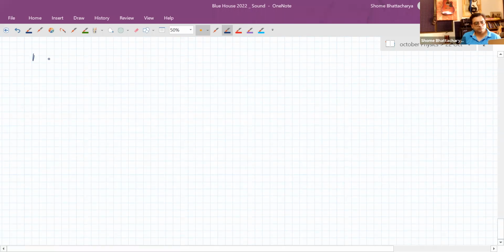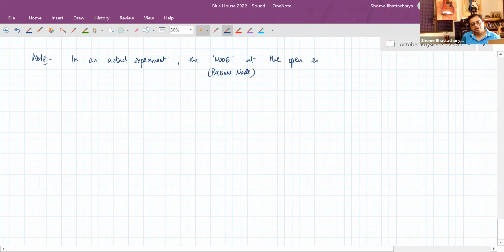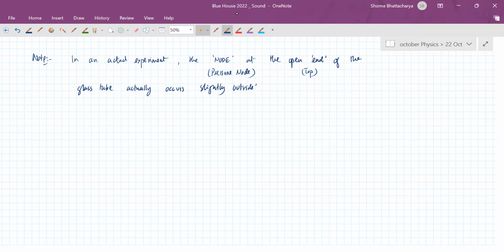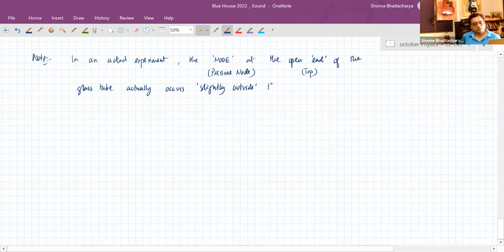In an actual experiment, the node, that is the pressure node, at the open end, that is the top part of the glass tube, actually occurs slightly outside the tube.